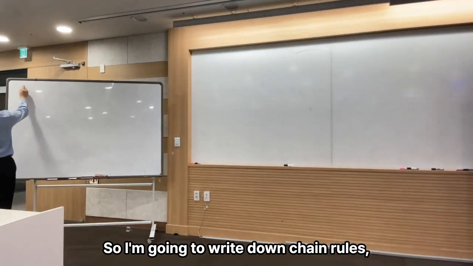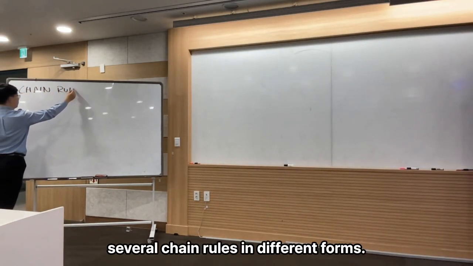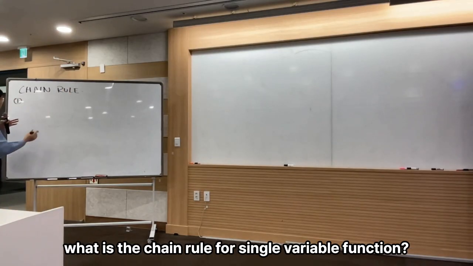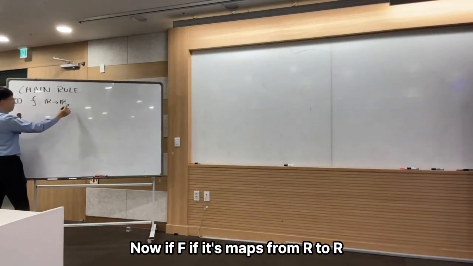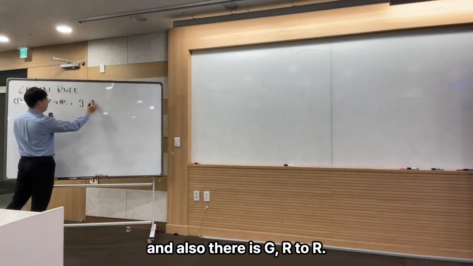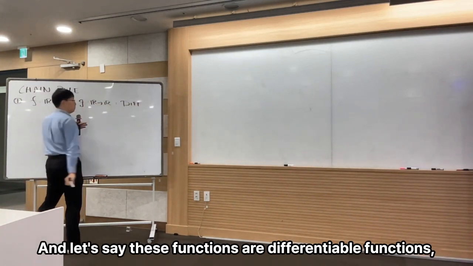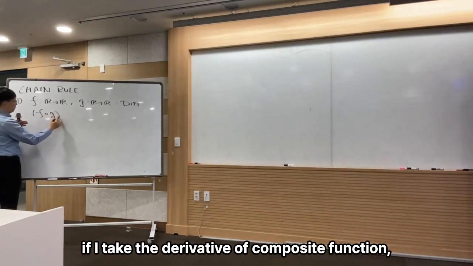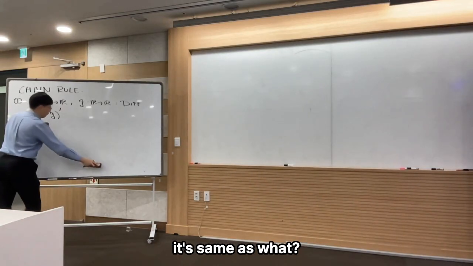So I'm going to write down several chain rules in different forms. First, I think we discussed a long time ago, what is the chain rule for a single variable function? So if f maps from R to R, and also there is g, R to R, and let's say these functions are differentiable functions, then the chain rule says if I take the derivative of the composite function, it's the same as what?